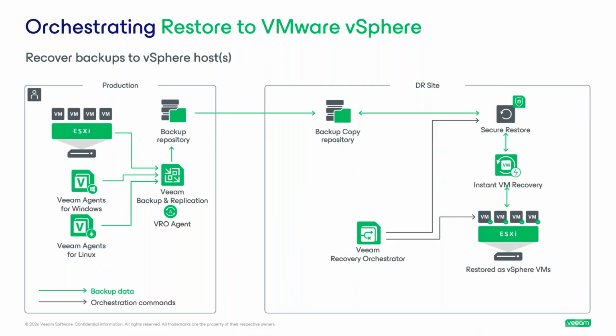Veeam Backup and Replication houses all of the information about the policies, the proxies, the repositories, where the data sits, and how to rehydrate that data. So orchestrators are simply leveraging commands and telling Veeam Backup and Replication to do what it needs to do. Now, of course, as you look at Veeam Recovery Orchestrator, you're going to be grouping what you want to recover into recovery plans. And that's something that Barney will cover a little bit later.